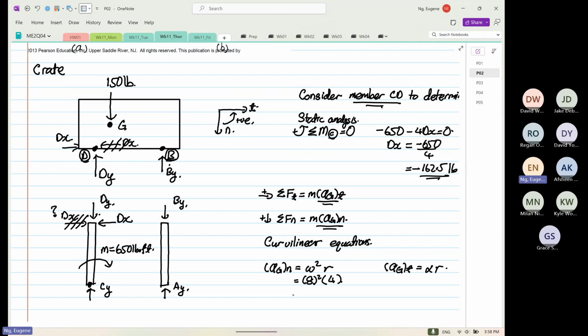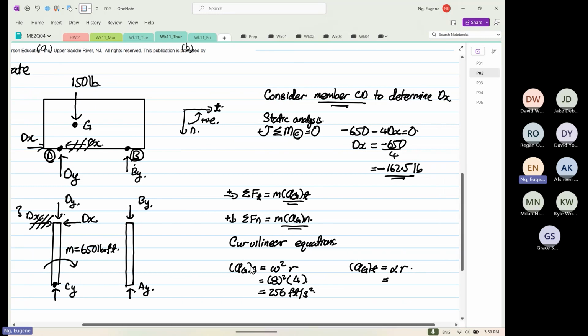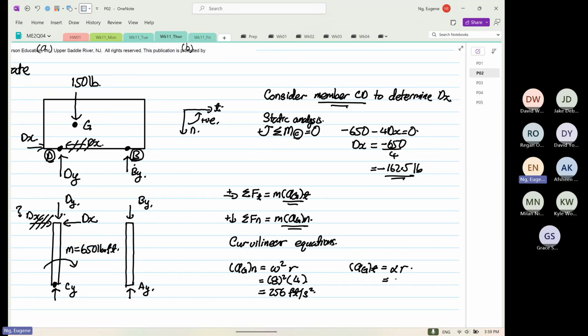So 8 squared times 4 is equal to 256 feet per second squared. aGt, we don't know our alpha, but we know our radius. Our radius is equal to 4 alpha. So this is our equation number 1.